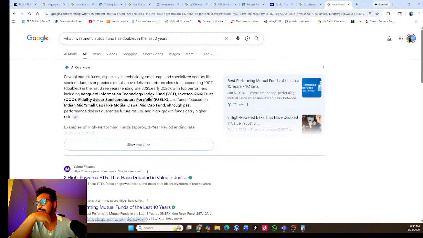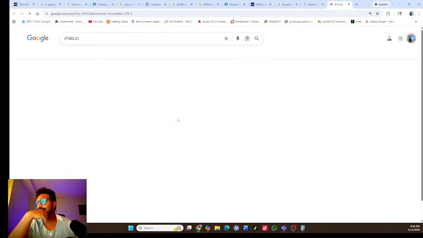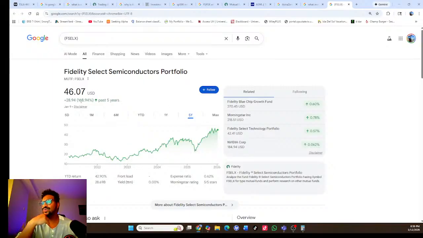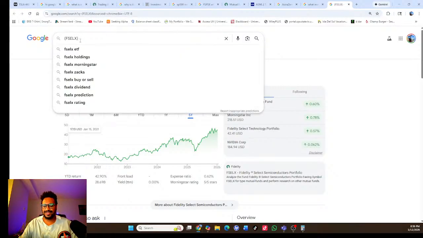Vanguard Information Technology Index Fund, VGT. Invesco QQQ Trust, QQ, Fidelity Semiconductor. So look at that, this semiconductor thing. Let's see the last 5 years. Woo, 168%. So, you know, boy is doing well.